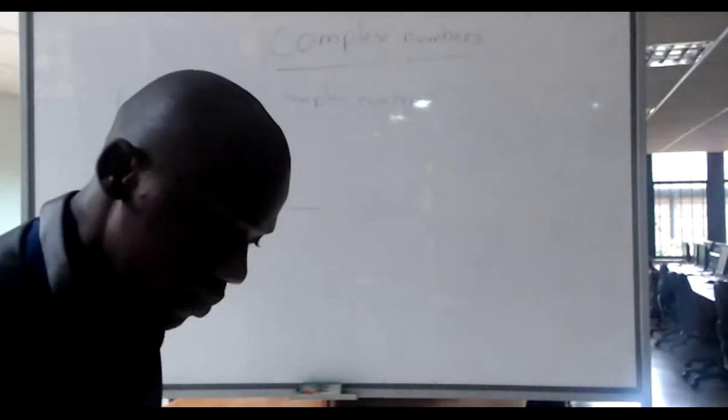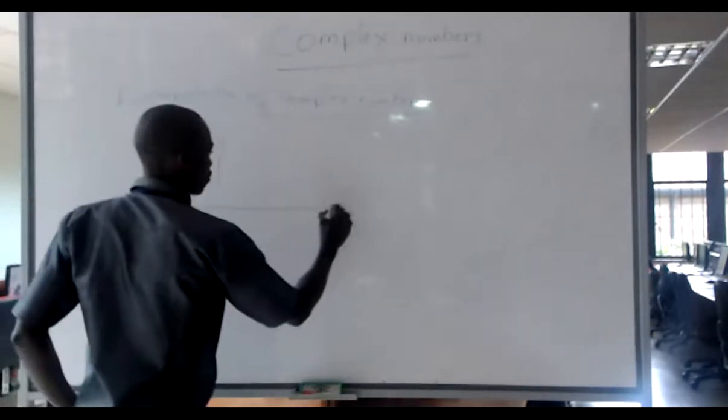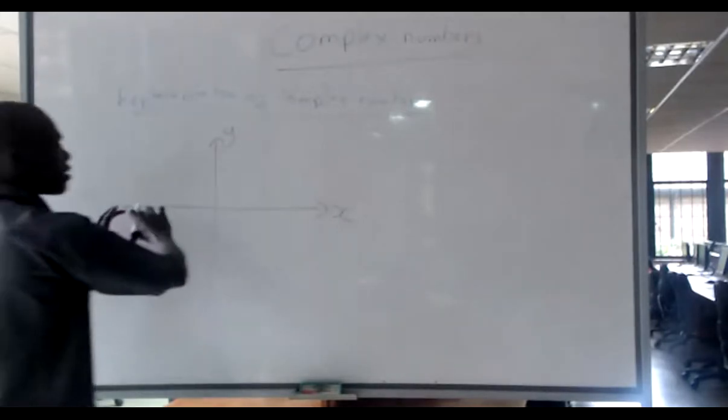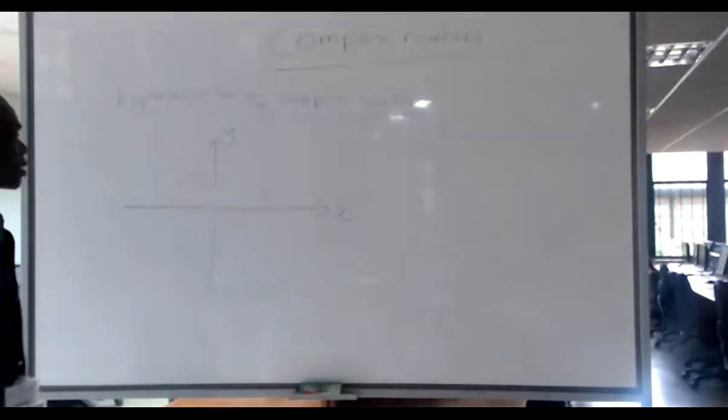Yes, I was just reminding you about the Cartesian plane. Have you met a Cartesian plane before? You have the real axis on the horizontal and the y-axis, also a real axis, on the vertical.